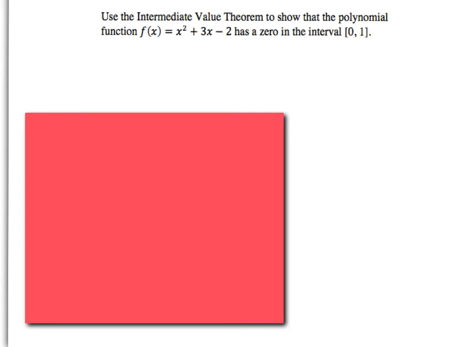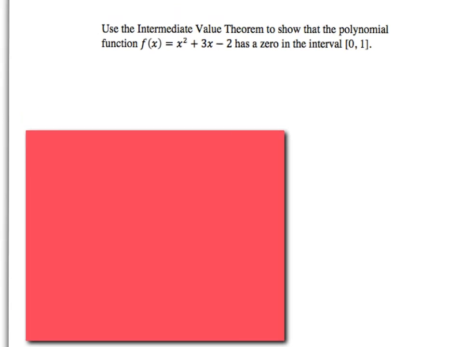All right? All right, so it says use IVT to show that this polynomial function, f of x equal to x squared plus 3x minus 2, has a what? Has a 0. What does it mean to have a 0? That's an x-intercept. So this is basically saying f of c is equal to 0.